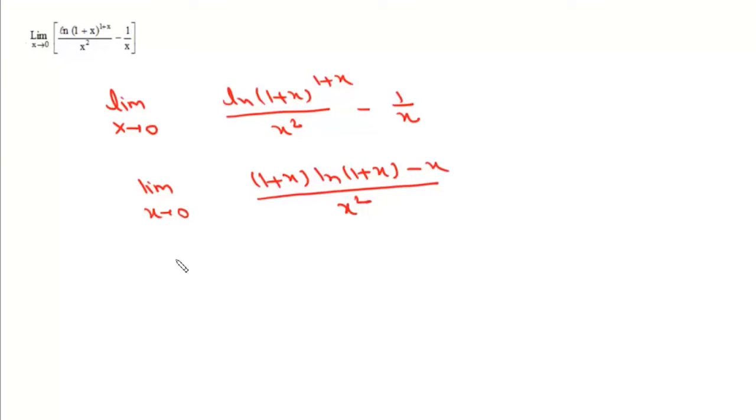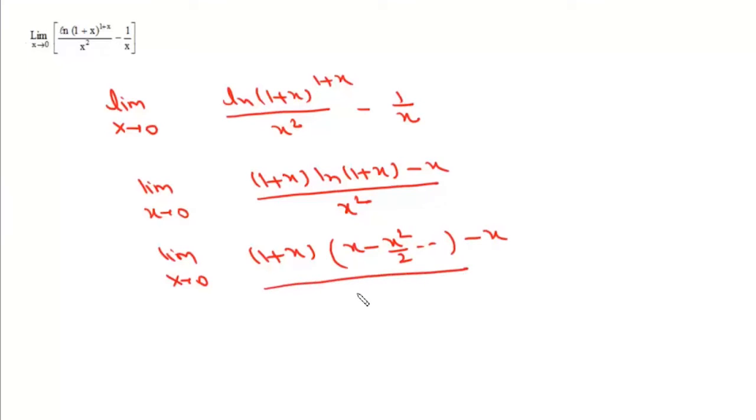Now we'll use the expansion for log 1 plus x. So it will be this limit x tends to 0, 1 plus x, and then it will be x minus x square upon 2, and then minus x upon x square.